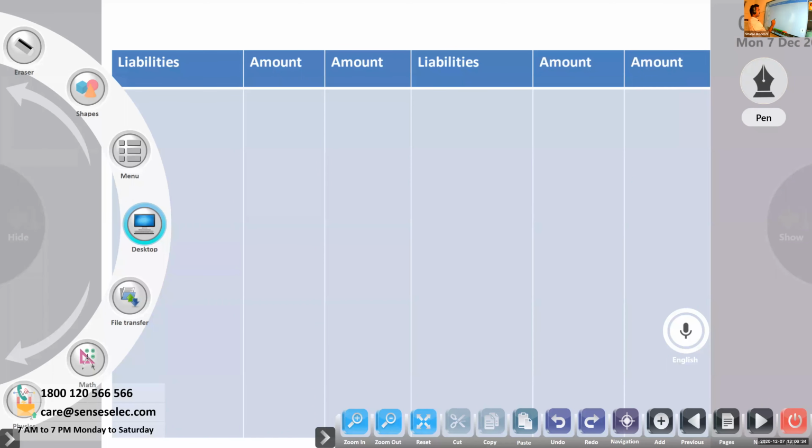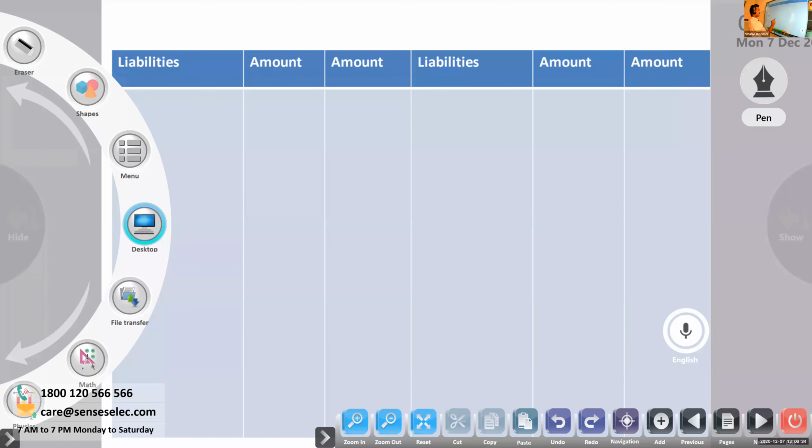1,500 into 7. Okay, how to calculate? 1,500 into 7. So 10,500. Then remaining months, 4,500 into remaining 5, that is 22,500.